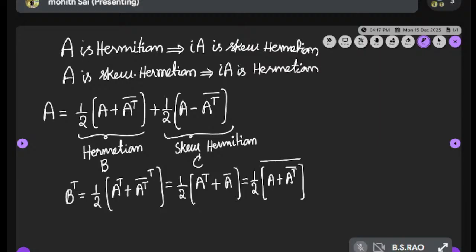If you take the conjugate, A conjugate is there, and A transpose conjugate whole conjugate will be A transpose. So this is equal to B conjugate. B transpose equals B conjugate, therefore B is Hermitian.